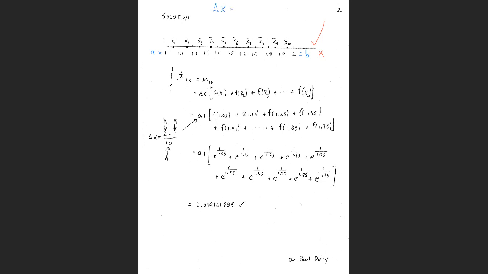Delta x is the length of your subinterval, so you take 2 minus 1 and divide it by 10. That gets you a tenth. The first subinterval goes from 1 to 1.1, the second from 1.1 to 1.2, the third from 1.2 to 1.3, and so forth.